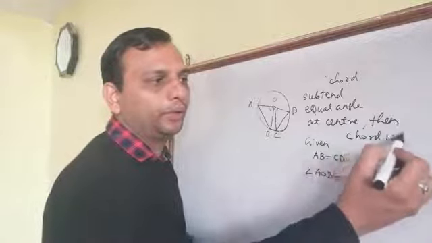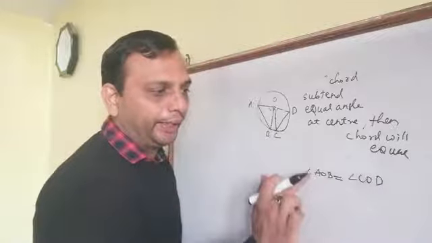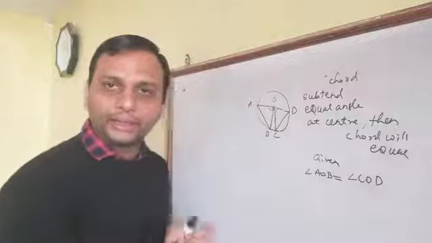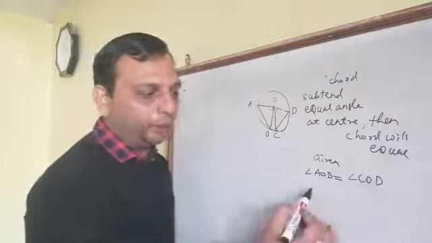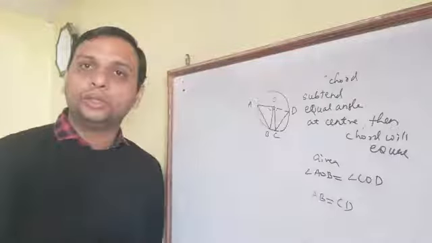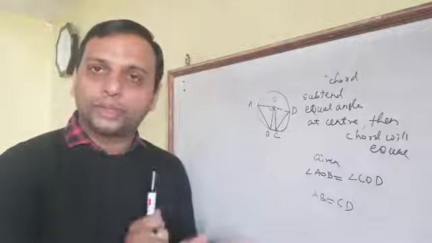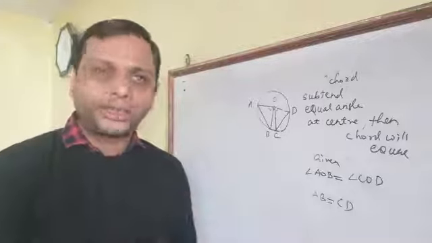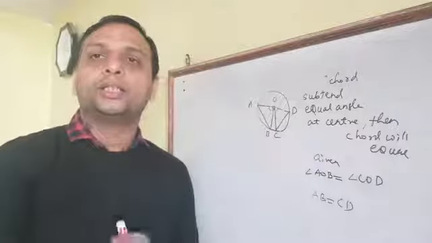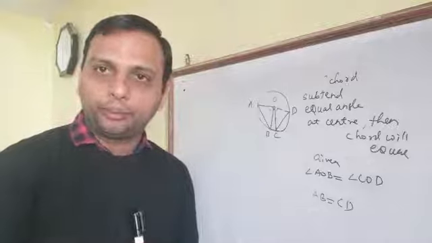If it is given that angle AOB is equal to angle COD, then the chords will automatically be equal. AB will be equal to CD. So the first theorem says that if chords are equal, they form equal angles at the center. And the second theorem says that if the angles formed by the chords at the center are equal, then the chords will be equal to each other. So these are the 10.1 and 10.2 theorems.